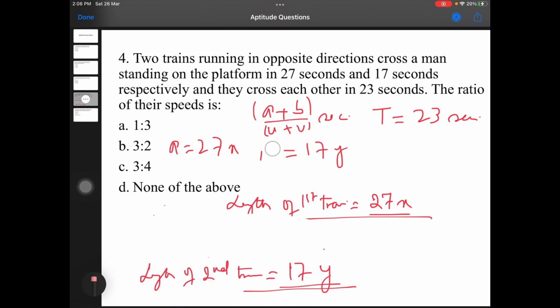B will be 17y, and U will be x, which is the speed of the first train. V will be y, which is the speed of our second train. So let's calculate this.